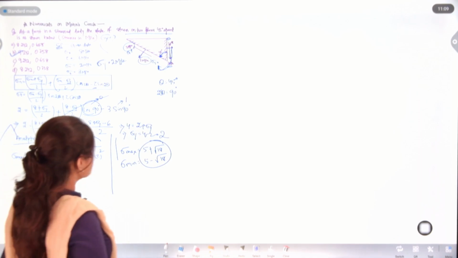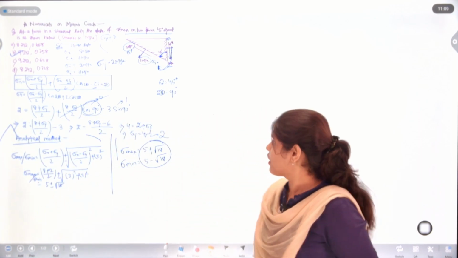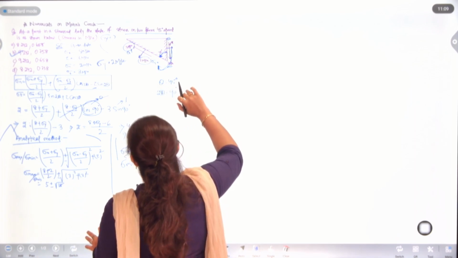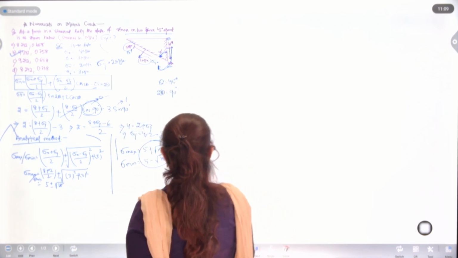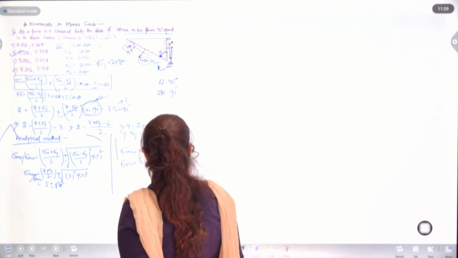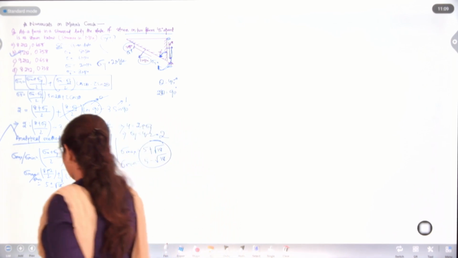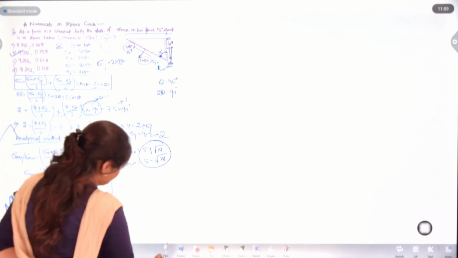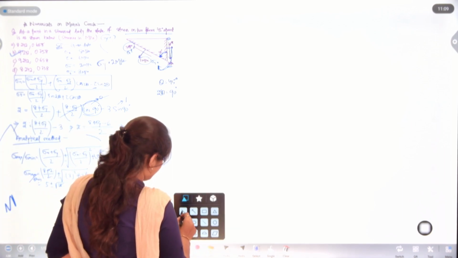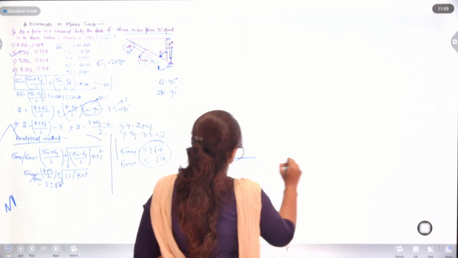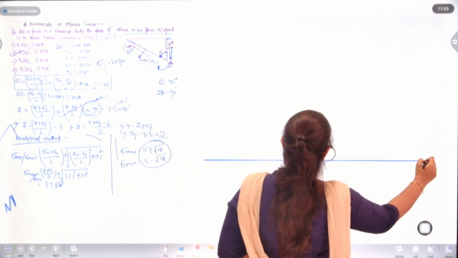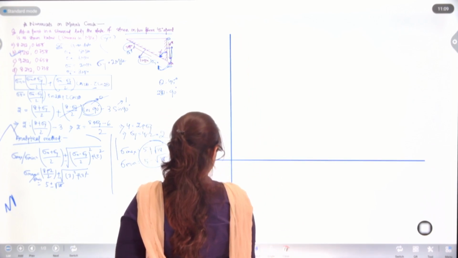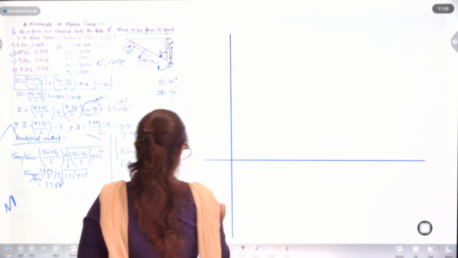Let's plot the Mohr circle. To plot the Mohr circle, we need what? X axis and y axis.